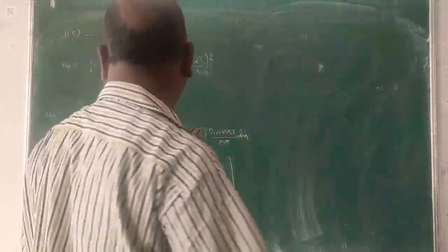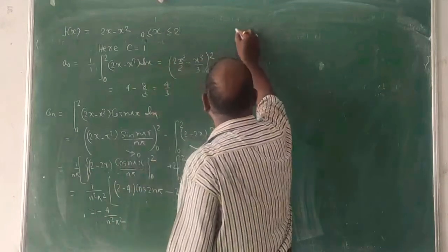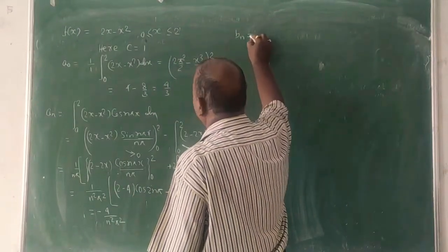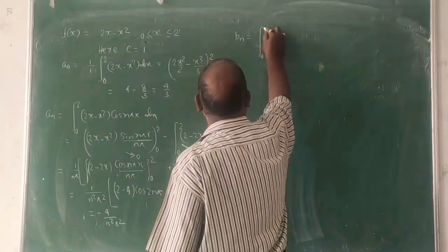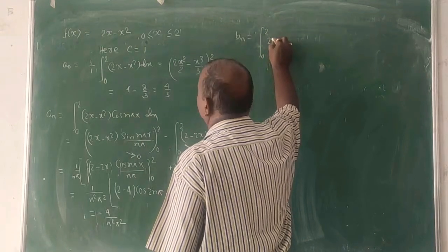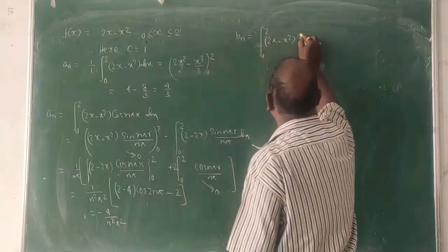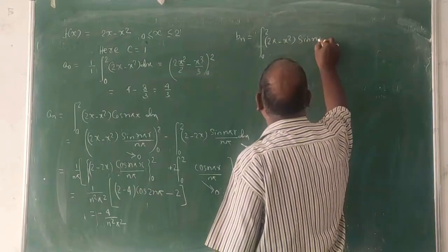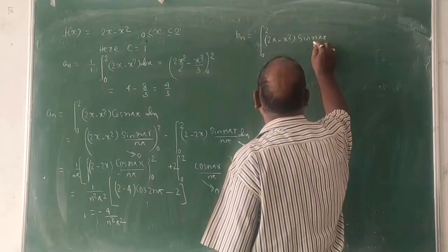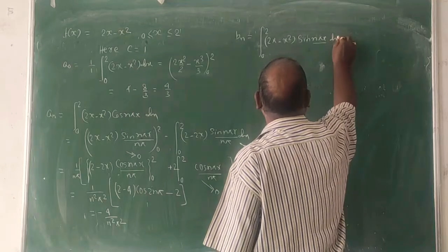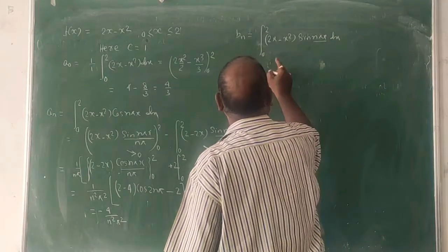You are getting this. Again we come to b n, that is the value of b n. This is integration of 0 to 2 of 2x minus x square into sine of n pi x into dx. You integrate by parts.